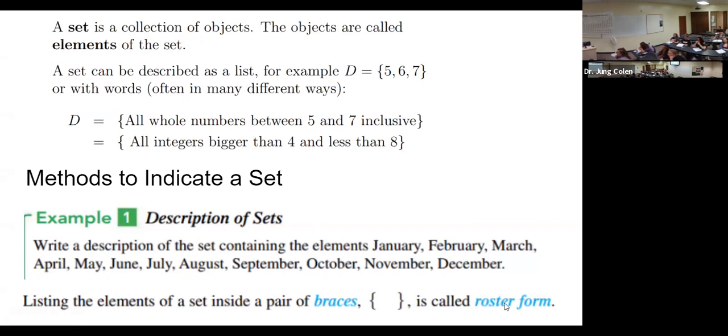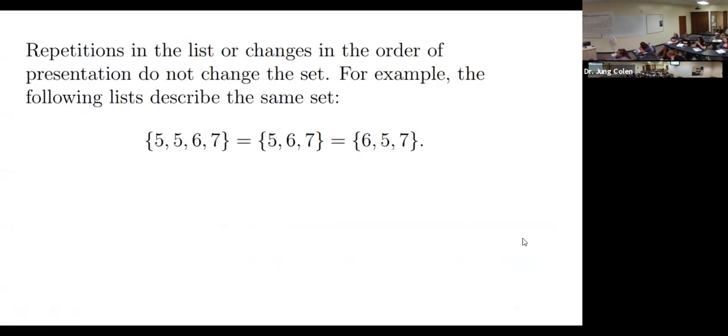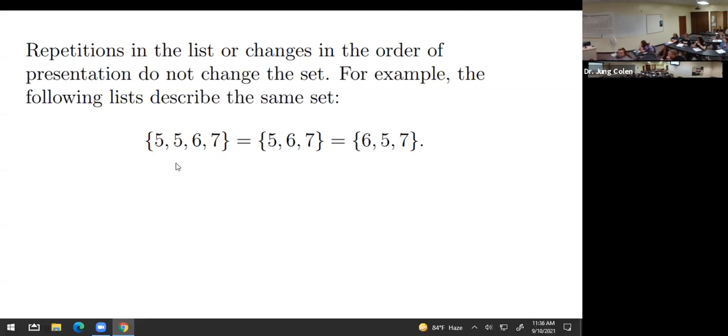And if you have a list of them, it is roster form, right? When you are using the roster form, if the elements are repeating, you don't have to rewrite them again and again. And the order doesn't matter. 5, 6, 7 is the same as 6, 5, 7, because you still have all three elements in the braces.